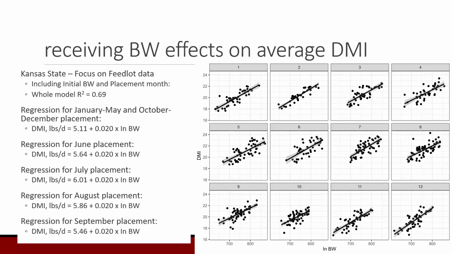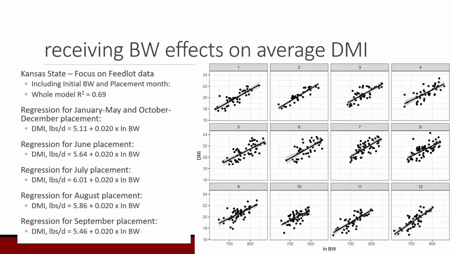We see the amount of feed that these animals will consume will increase going into the summer. Animals placed in the summer will on average eat more feed than animals placed in December. And then going into fall it starts decreasing again, and by September we're at the lowest point of feed.